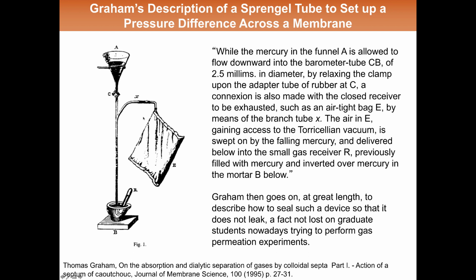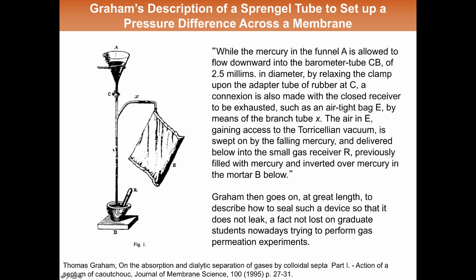And so this device is a Sprengel tube, and he has a bag, about the size of a saddle bag, that he has coated with India rubber, so coated with natural rubber to seal it. He's connected one end of it into this device and puts mercury in the top of this device.